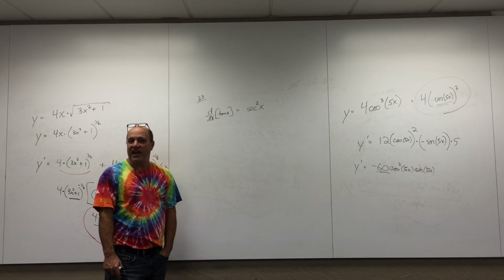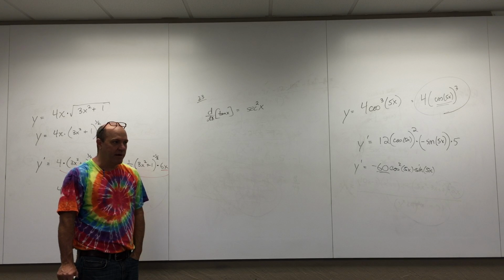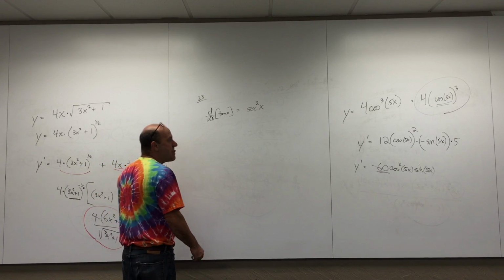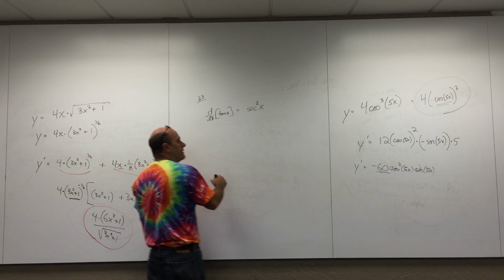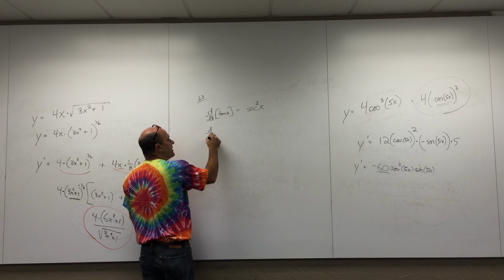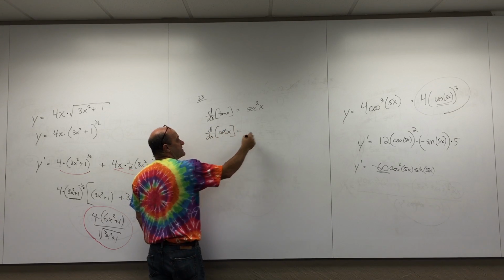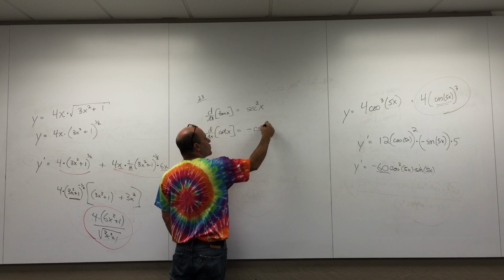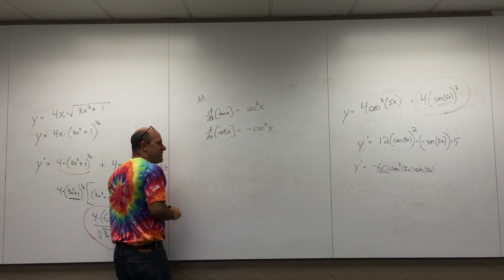If you want to understand why it is, then I got to give you some more explanation. But if you just have faith, you just memorize that. By the way, there's just a slight pattern to what's going on here. The derivative of cotangent x is negative cosecant squared x. So it's sort of a similar pattern here.